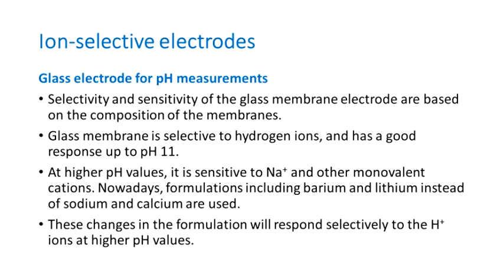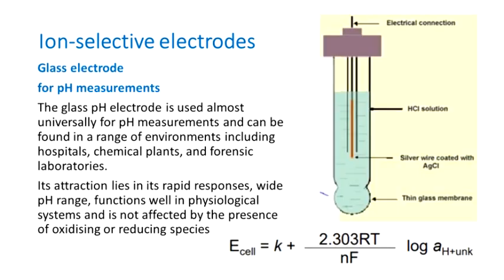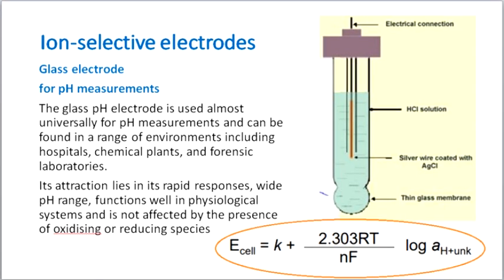Its potential depends only on hydrogen ions concentration. And this electrode is very useful in biology, in medicine, to measure pH of biological liquids, because its potential depends only on hydrogen ions.